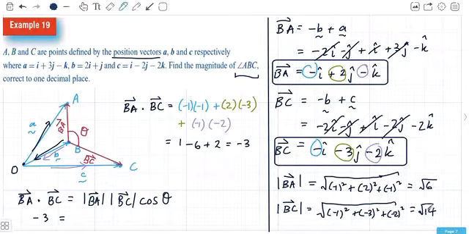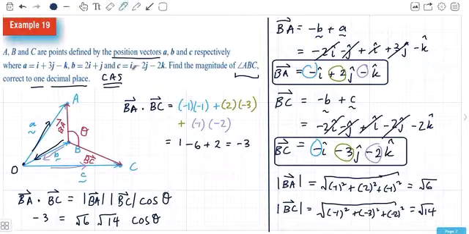Okay, so we've got our magnitudes and we've got our dot product, so we can put those in, root 6 and root 14. Cosine theta. Okay, and to finish off, what we're trying to find is the angle to 1 decimal place, and the 1 decimal place implies that we can use our CAS. So we're going to use our CAS to solve for theta. So all I'm going to do here is just re-express this.